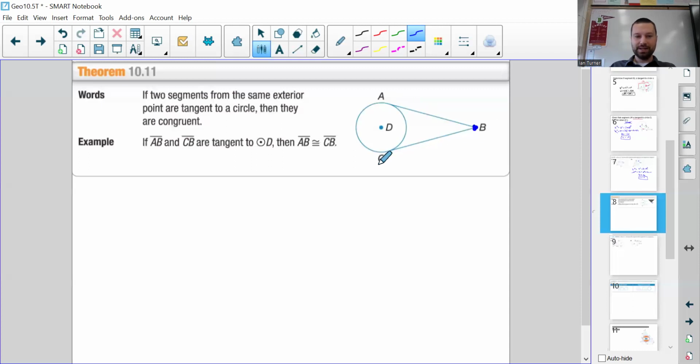And if we have two lines, and we know they're both tangent, so they both just intercept at C and A, just in one spot, then those segments have to be congruent. So BC and AB are congruent. Sweet. This one's really pretty easy, right?